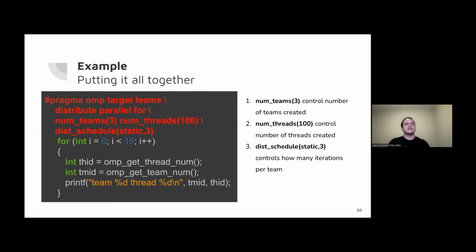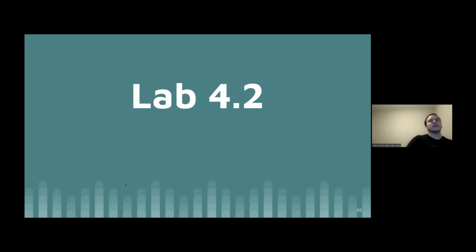But the idea here is that we are chunking the whole iteration space of 15, right, into 3 teams, and each of the teams is getting 3 iterations, I0, I1, I2, for example, and then we are assigning those 3 iterations into threads. So here you will end up seeing team 0, thread 0, team 0, thread 1, team 0, thread 2, and then team 1, thread 0, team 1, thread 1, and team 1, thread 2, and so on. You will get an example of this in the lab 4.2.